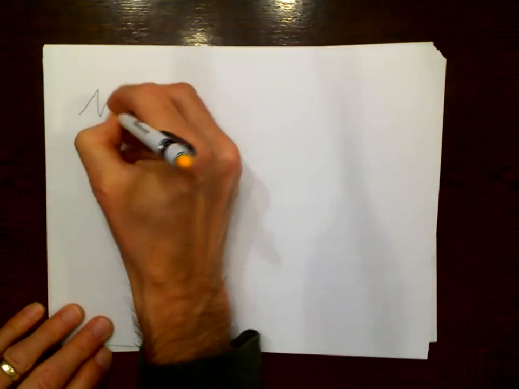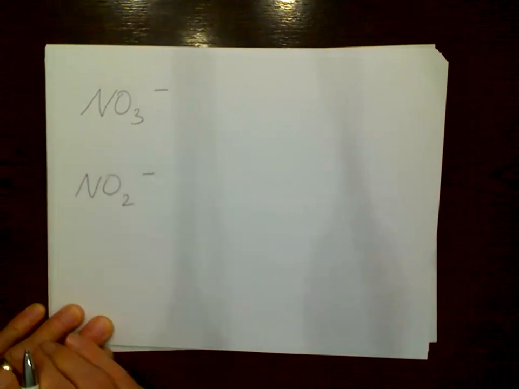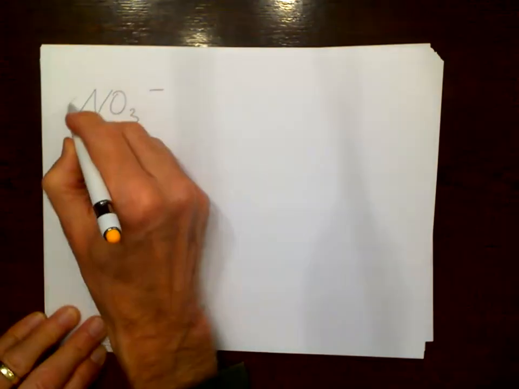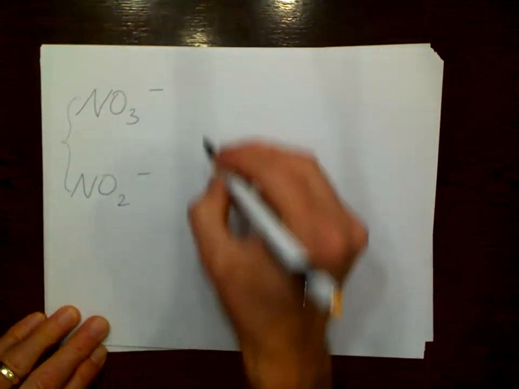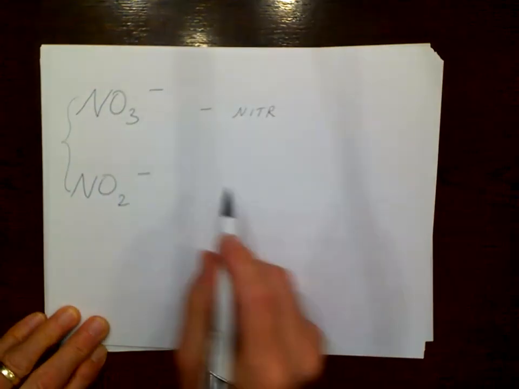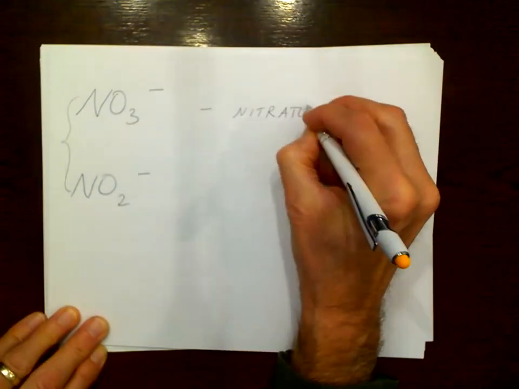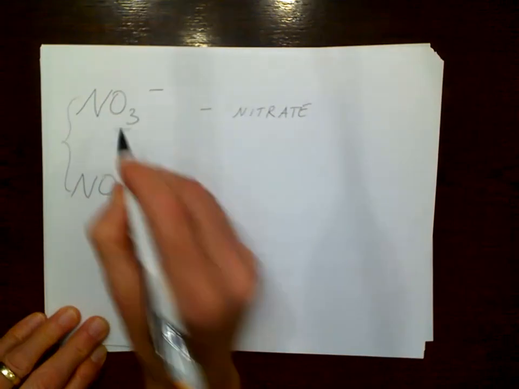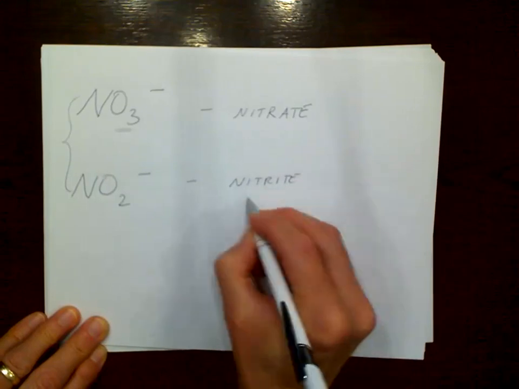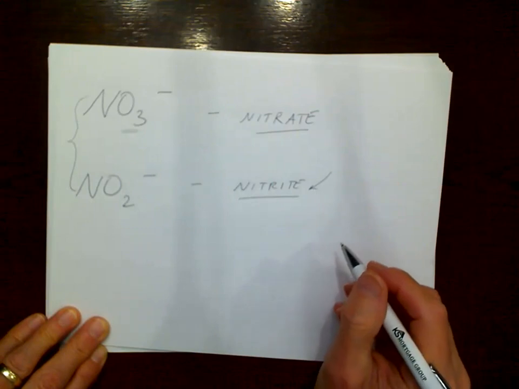So nitrate is NO3 with a negative charge, and nitrite is NO2 with a negative charge. And we see this theme again, that if we have a pair of polyatomic ions, just 2 of them, in this case we give it the nit for nitrogen, but this one we give the ATE ending, because in the pair, this one has 1 more oxygen than the nitrite, where we give the one with 1 fewer oxygen in the pair the ITE ending.